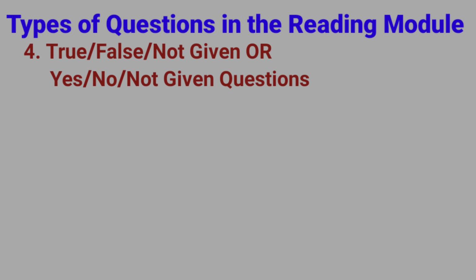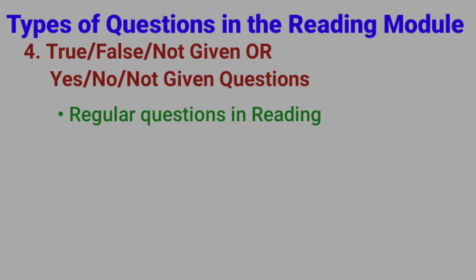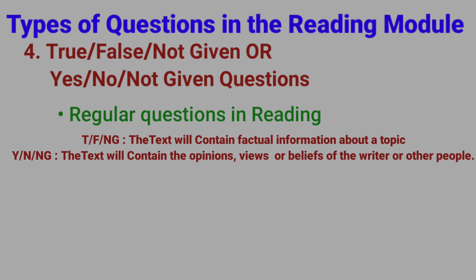Next are true, false, not given or yes, no or not given questions. These questions come up regularly in the IELTS reading test. There is a small difference between true, false, not given and yes, no or not given questions. With true, false, not given, the text will contain factual information about a topic.